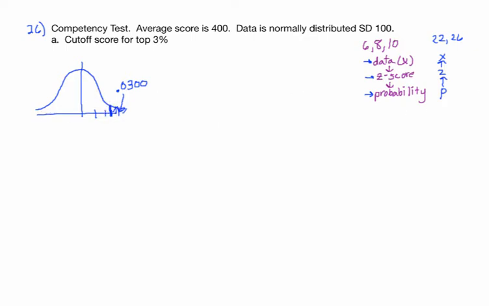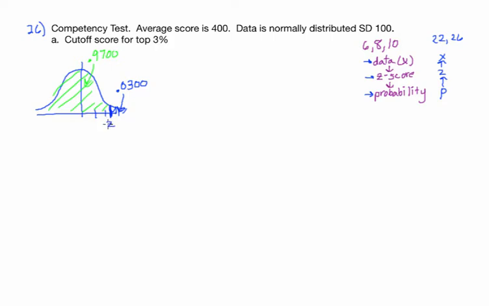So we'll have to look to the left, and to the left, this would be 97%, 0.9700. So go to your table, look on the inside for 9700, and get as close as you can to 9700, and then look on the outside for that z-score.